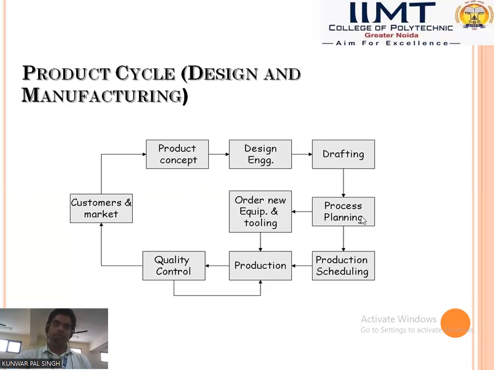So if we plan the process and see what extra tooling is needed, we must order it. So ordering is needed at this step. Further, production scheduling, after production starts, when products are made we know the quality and we know the customer markets. So this is how the product emerged, started, and reached the final stage. This cycle is called the product cycle.